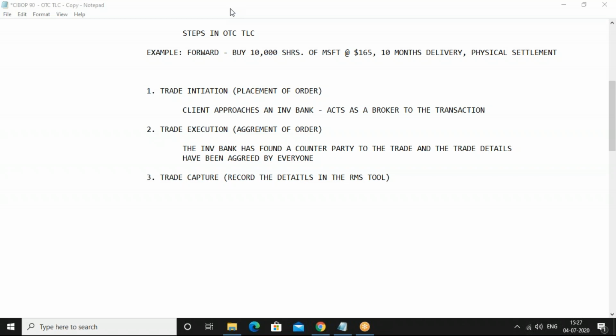Here two things can happen: I can act as a counterparty to the trade, or I can act as a broker to the trade where I find somebody else. And finally, we have trade capture, where you record the details in the RMS tool, the risk management system. Take a minute to write this down, and then we'll move on to middle office.